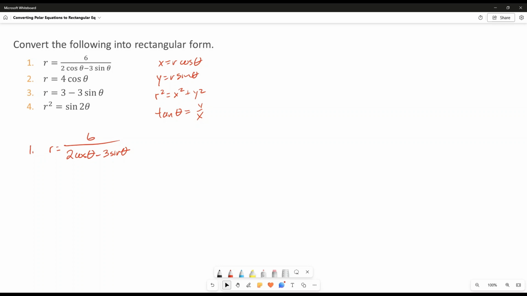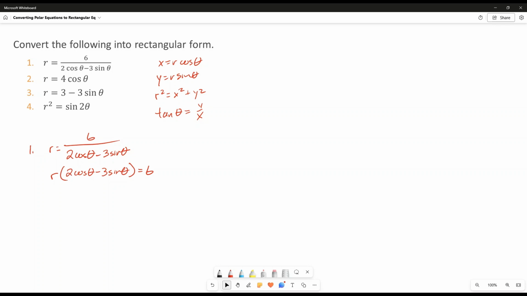So if I multiply this 2 cosine of theta minus 3 sine of theta to the left side, that means I'm going to have r times the quantity 2 cosine theta minus 3 sine theta equal to now just a 6. Okay, the 6 is by itself. And so hopefully now you can kind of see the next couple steps ahead here.